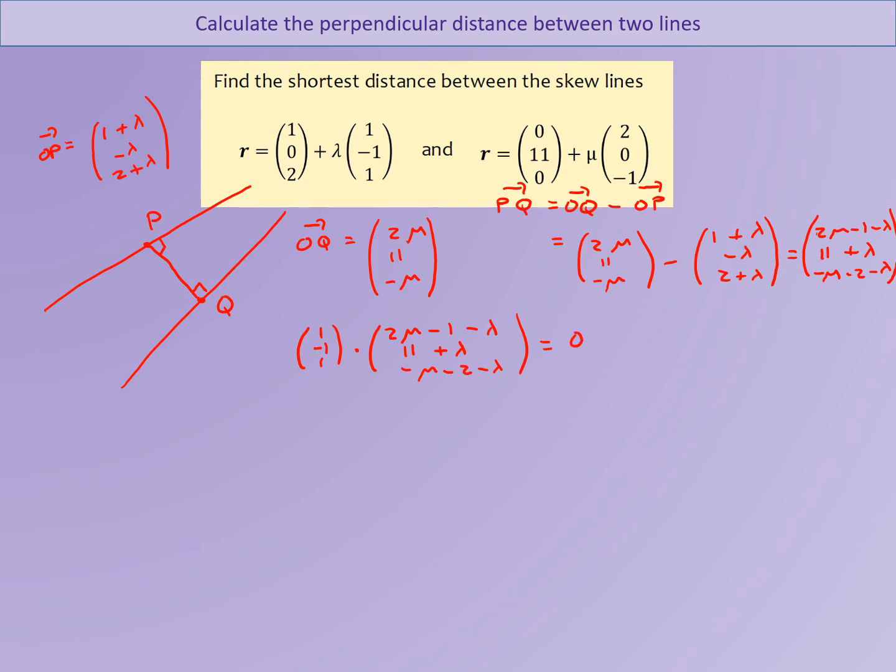So multiplying this out gives us 1 times 2 mu minus 1 minus lambda, minus 1 times 11 plus lambda, plus 1 times minus mu minus 2 minus lambda.